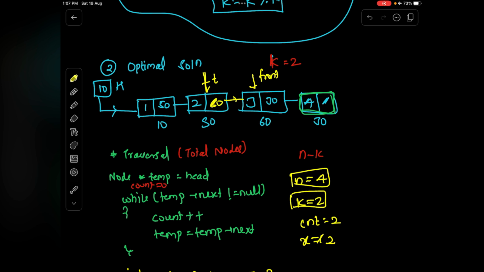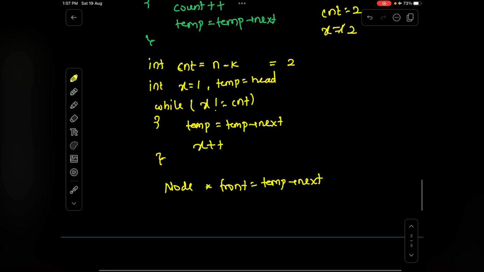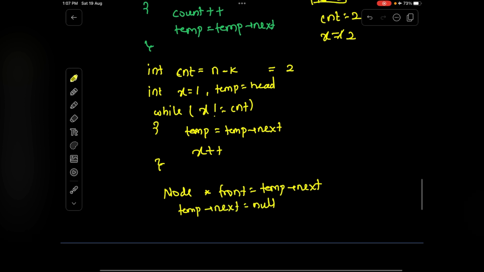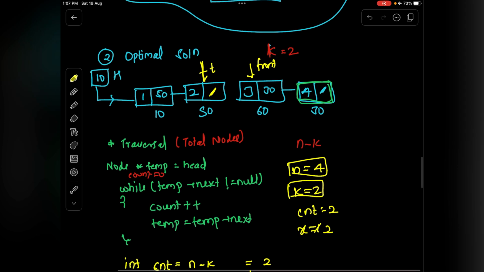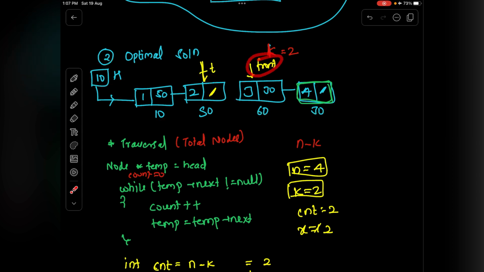Now can I break this junction? Absolutely yes. So here I will make it null. Now I will simply do temp of next equals to null. Now it is valid because I have access to this node with the help of head. I have access to this linked list with the help of front.